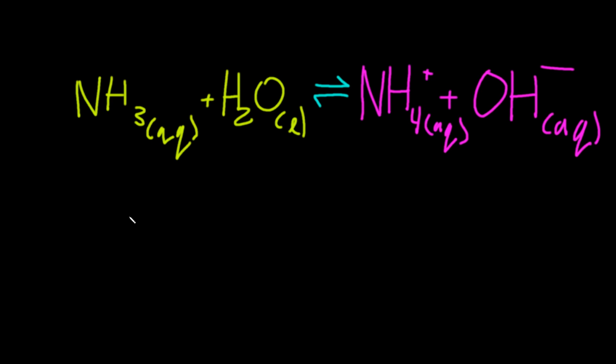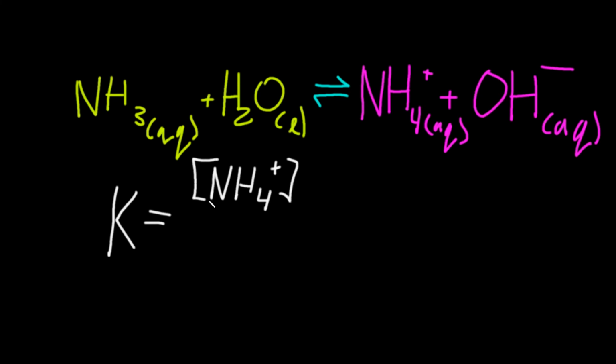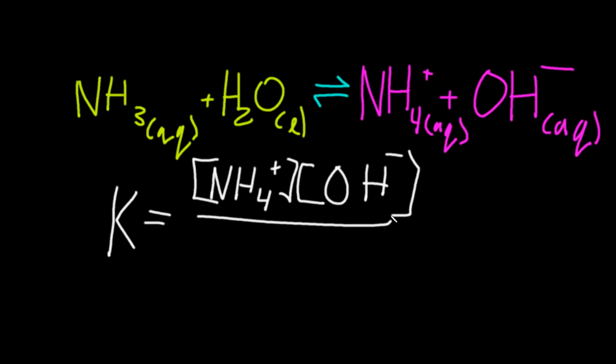So let's put what we've learned to practical application with a real equation. Here we have ammonia reacting with water. If we were to find our K value, we'd represent it as so: NH4 plus from the product, times the concentration of OH minus, divided by NH3 from the reactants.